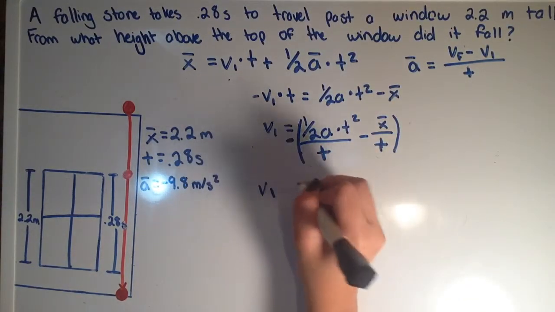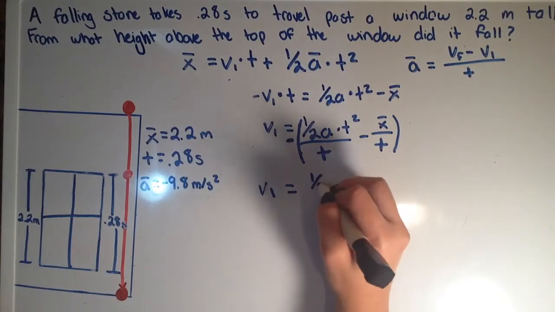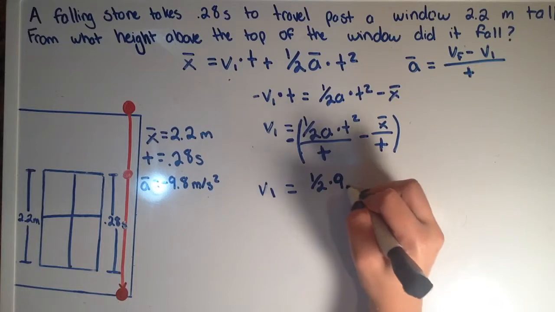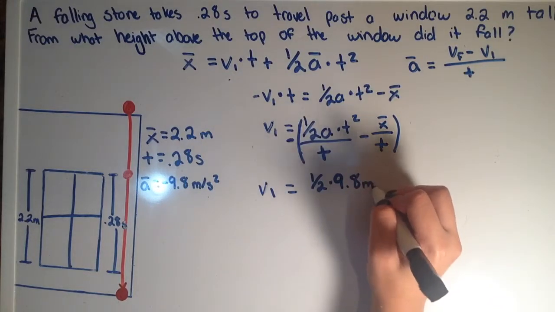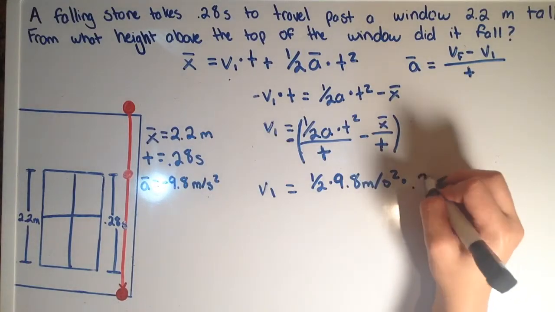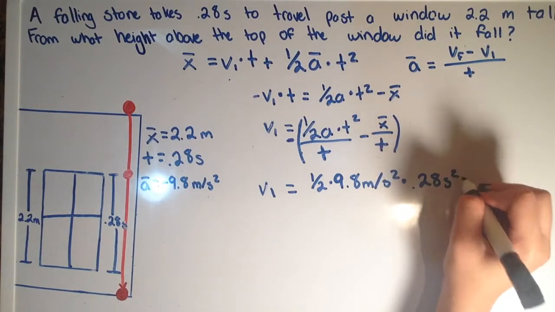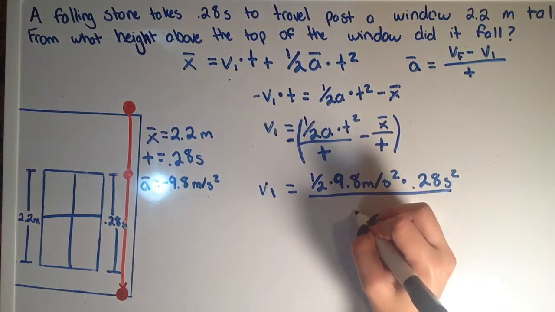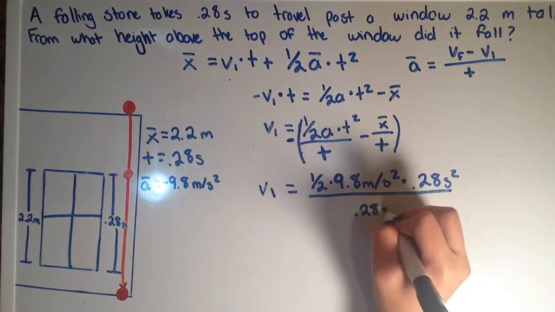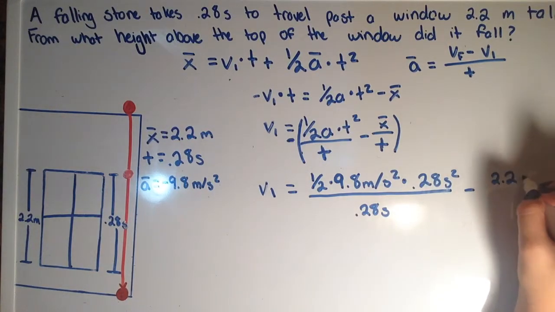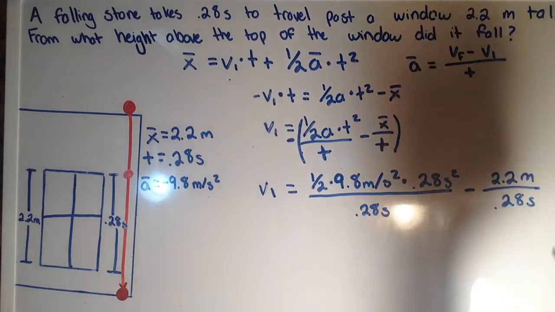Initial velocity equals 1/2 times 9.8 meters per second squared times 0.28 seconds squared all over 0.28 seconds, minus 2.2 meters over 0.28 seconds.